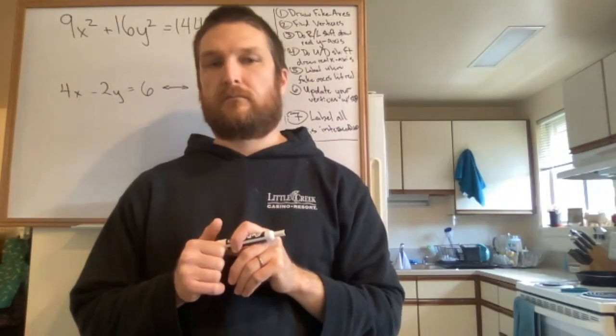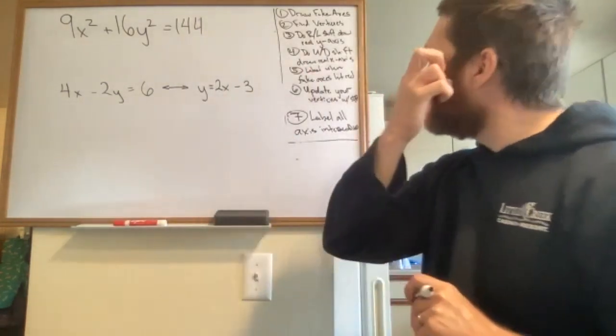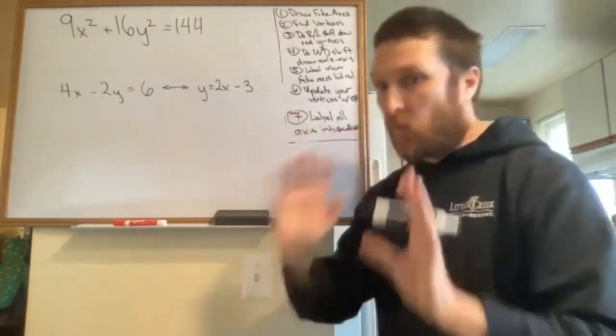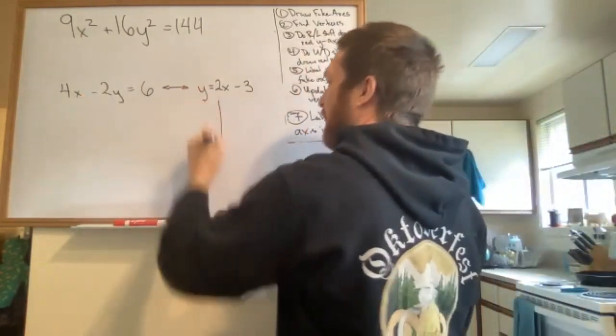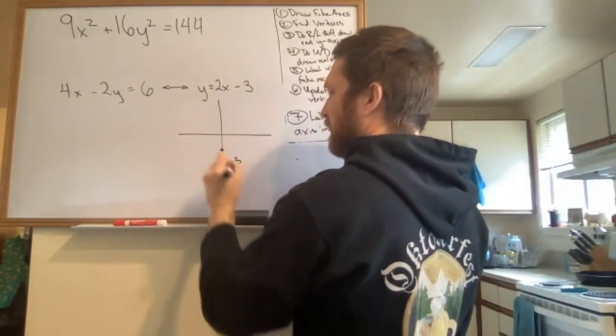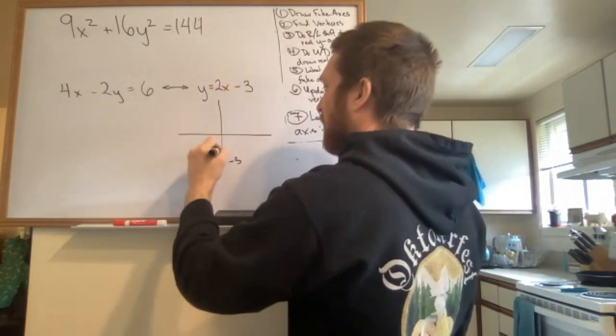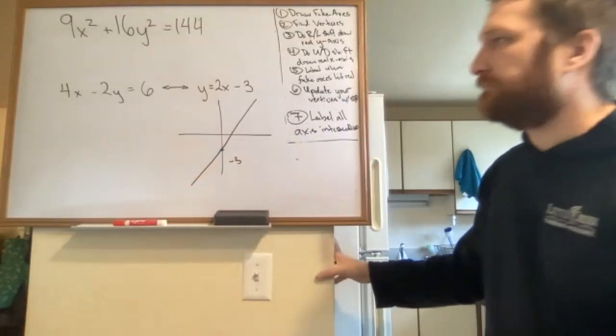Y equals 2x minus 3. Okay. So on one hand, we could take this thing, turn it into that. That way we could graph it and say, okay, it goes through minus 3 and has a slope of 2, so it goes up like that.